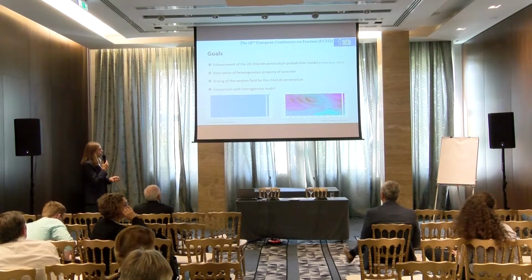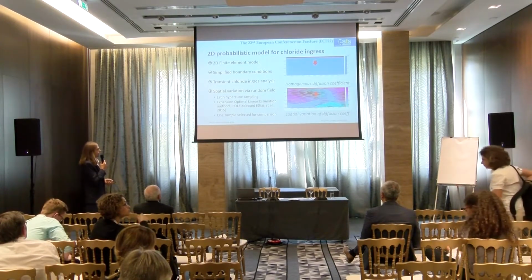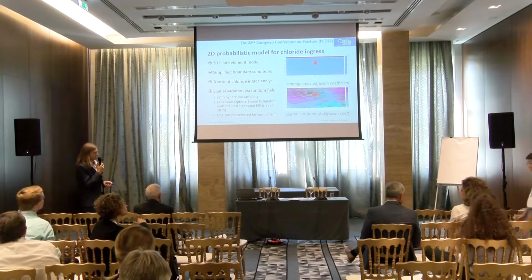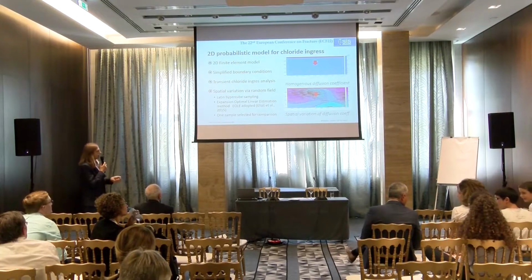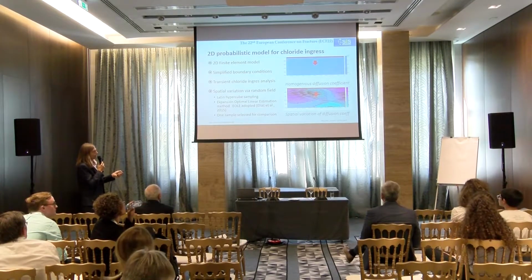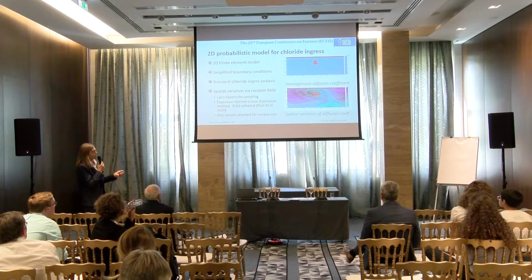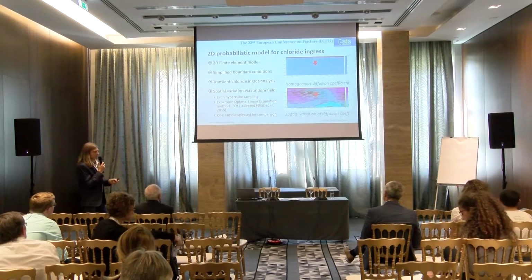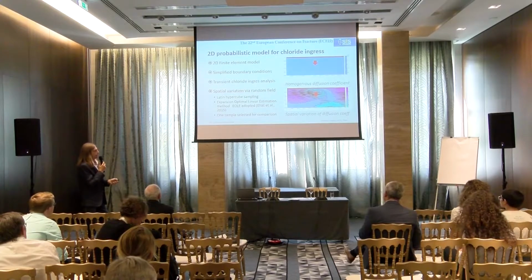initially tested the random field for chloride penetration. For that test, we used the finite element analysis, and the boundary conditions were simplified, so the chlorides were approaching from the surface only. So we have not dealt with the crack effect here.